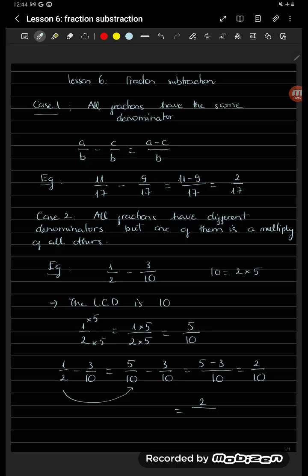But 10 is not a prime number, and we can write 10 as a product of 2 and 5, both of which are prime numbers. So we write it as 2 times 5, and we can write the number 2 as 2 times 1. Both the top part and the bottom part have a number 2, so we cancel out the number 2.